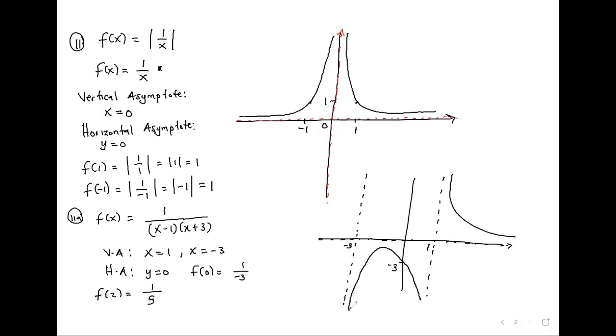So it is down, it can never cross there up. Then the other side, when x is -4, f of -4 is 1 over -5 by -1, which is 1 over 5. The graph will be up here.